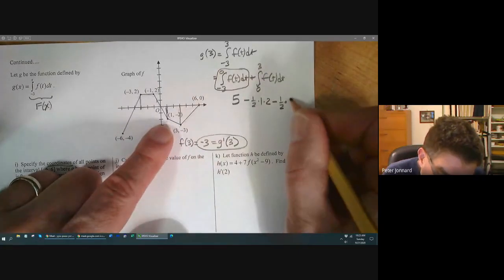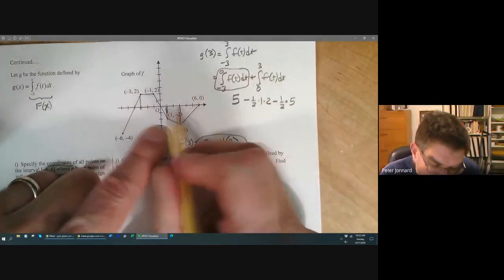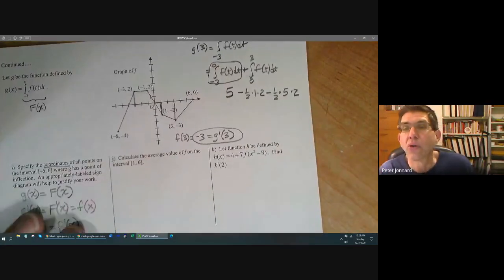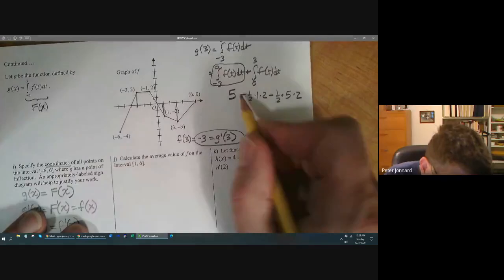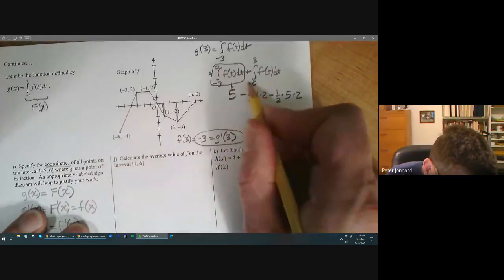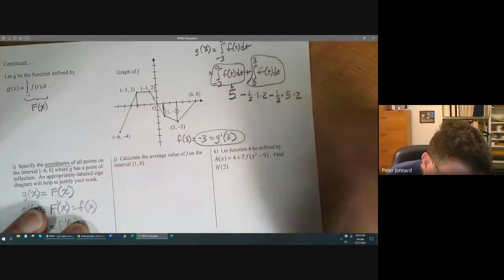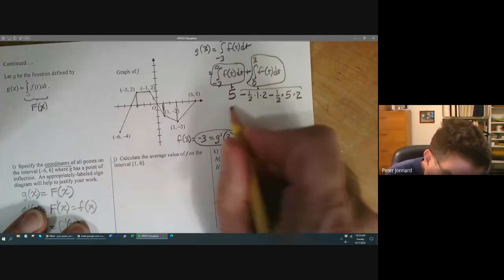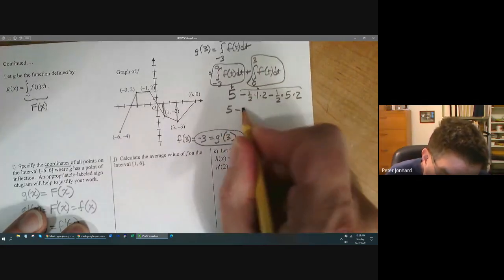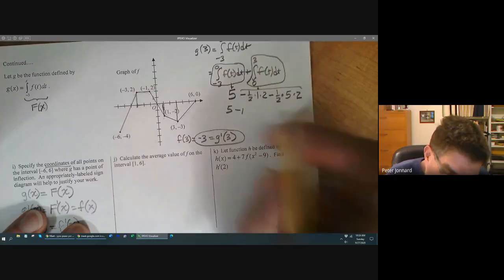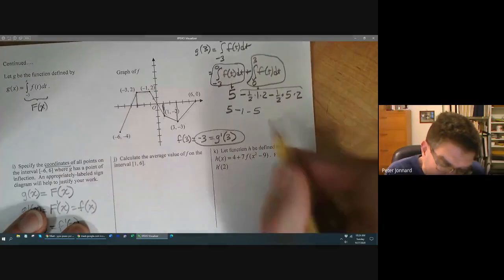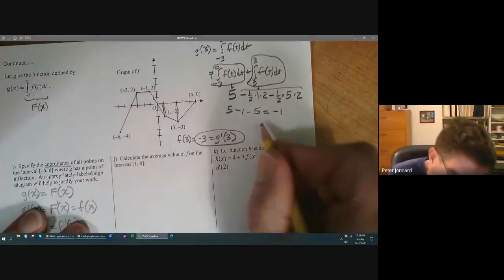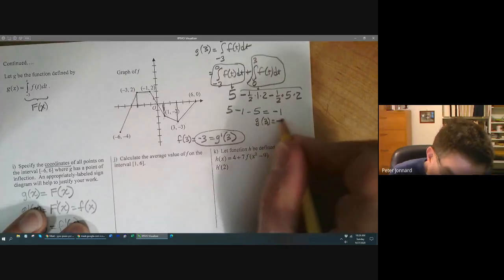So we take half of 5, the average of the bases, multiplied by the height, which is 2, like so. So this is 5, and then this integral from 0 to 3 is equal to these pieces in here. We ended with 5, minus 1, and then minus 5 again. These go out as negative 1. So we end up with g of 3 equal to negative 1.